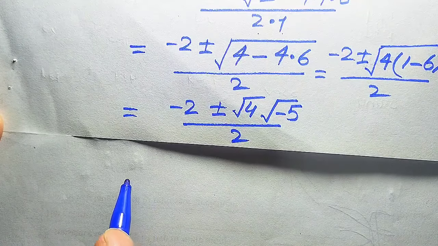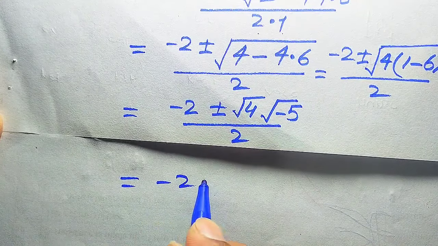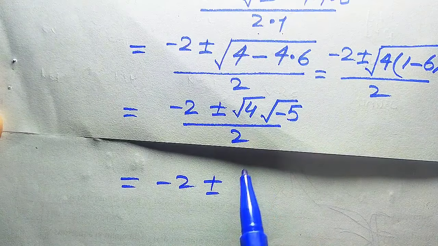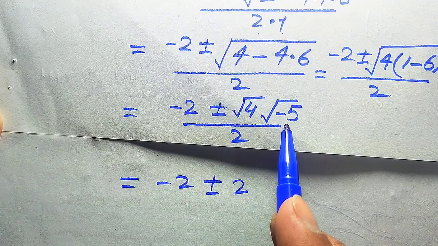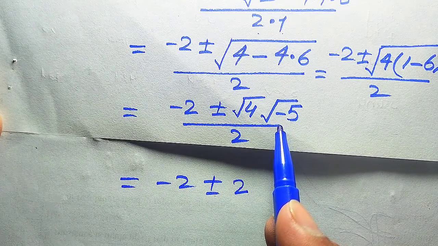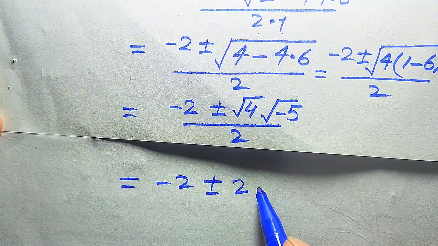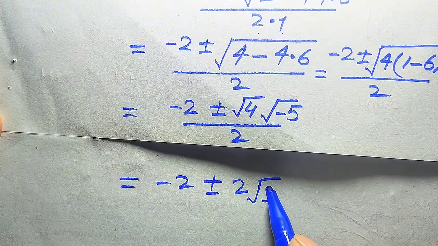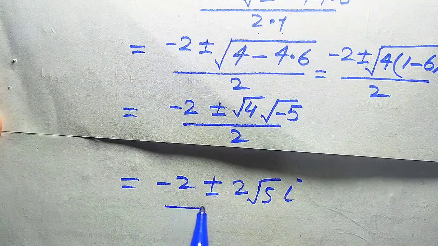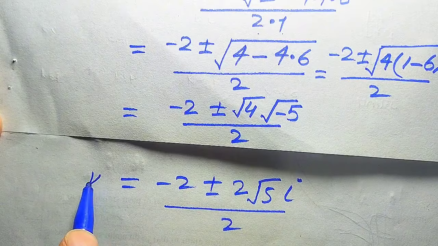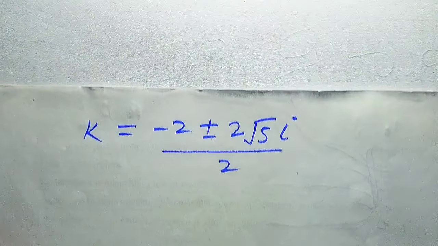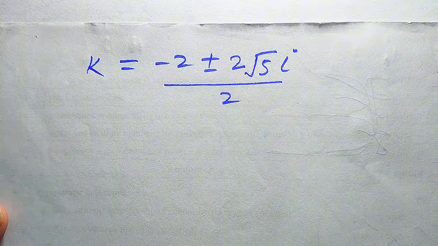So in the next step we have minus 2 plus minus, we know that square root of 4 becomes 2, and here you see that a negative sign appears inside the square root sign, so it becomes iota, and we write this as square root of 5 into iota, and it is divided by 2. So these are the values of k, and here we write our answer in the simplified form.